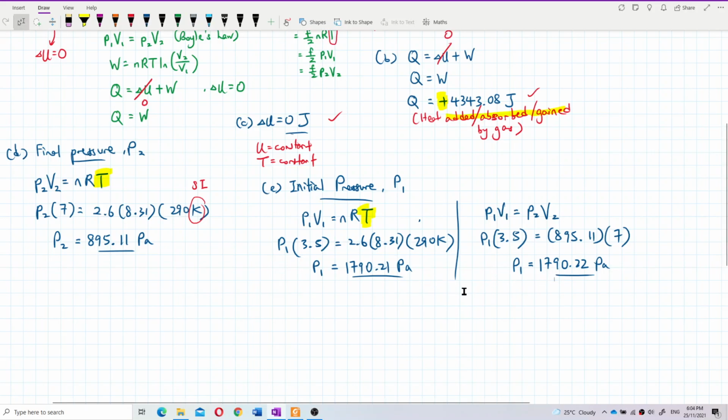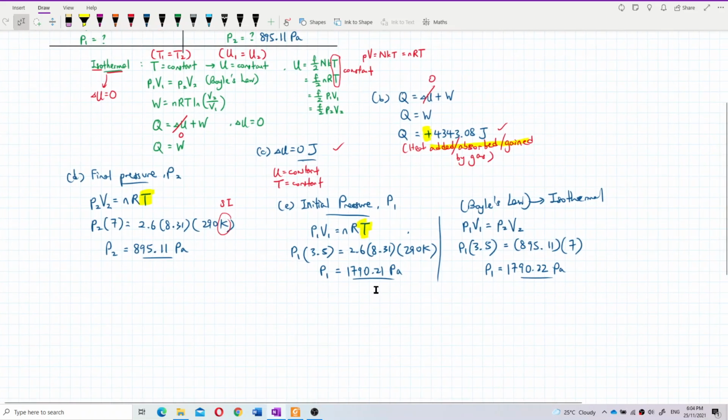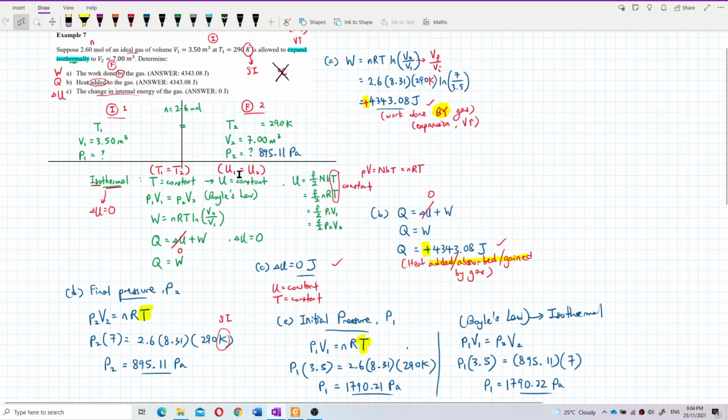So you still get the same answer using what we call Boyle's law. Isothermal process is actually Boyle's law. So that's the answer for pressure 1.